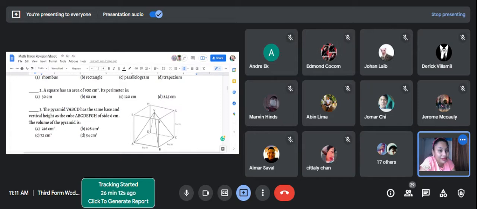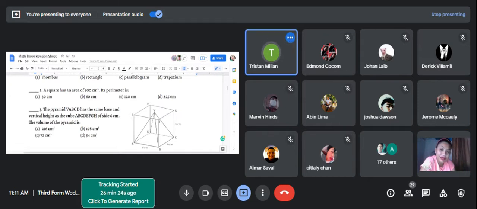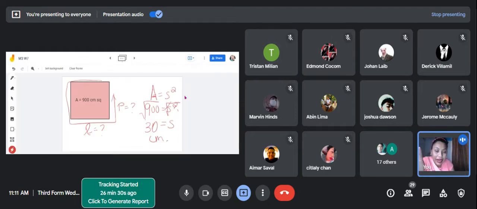A, Miss. No. C. C, Miss. Why is the answer C? You need to times the 30 times 4, Miss. Very good. If we go to the problem that I have here, what does the S represent?